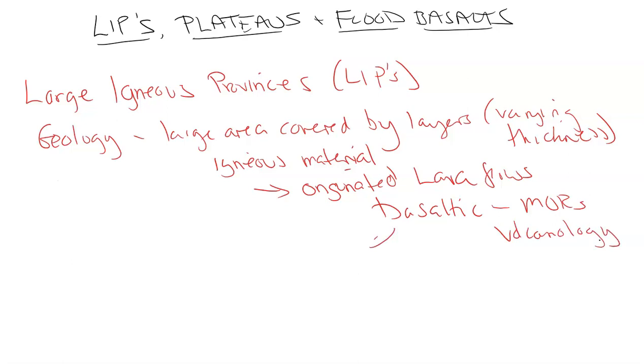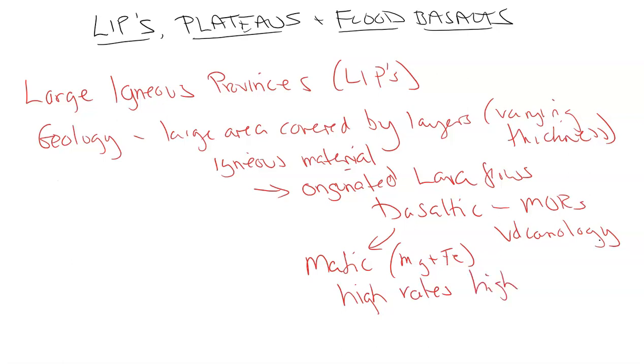and we know that basaltic are generally mafic, which is high in magnesium and iron. They also have high rates of movement, so very high volumes, like fissure volcanoes, for example, in Iceland.